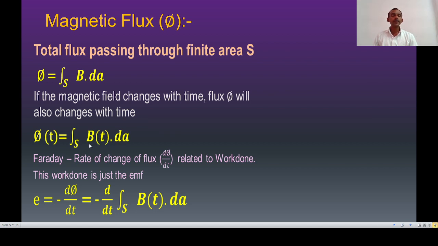Now, according to Faraday, the rate of change of flux, d phi by dt, is related to the work done in moving a unit charge over the contour of this surface S in the opposite direction, or counterclockwise. Therefore, we can write that this work done is just the EMF.